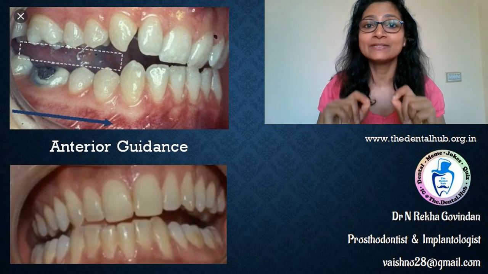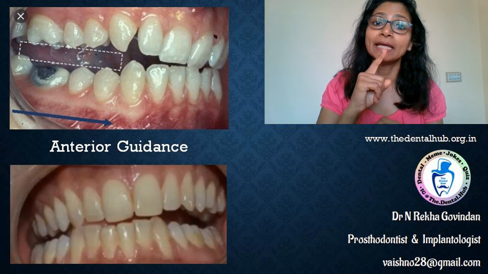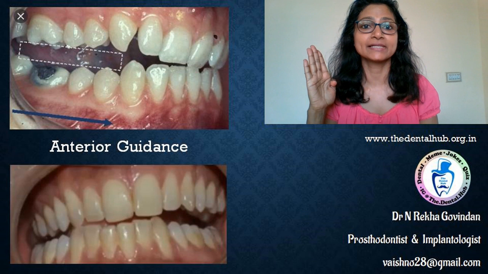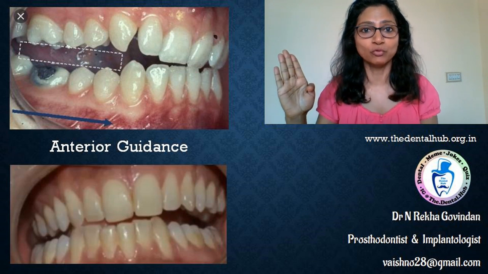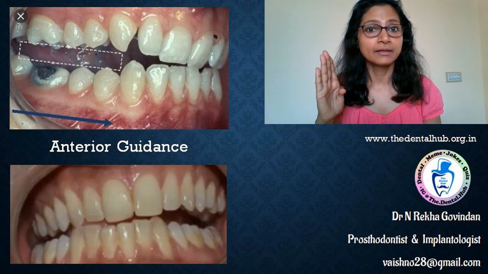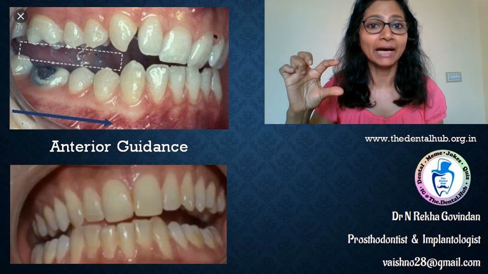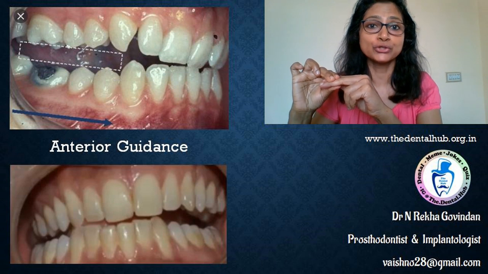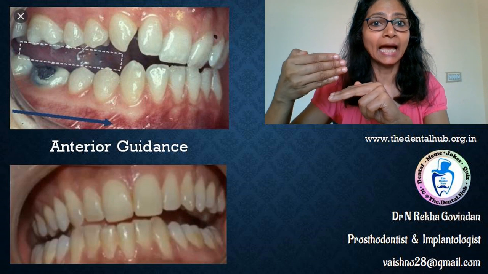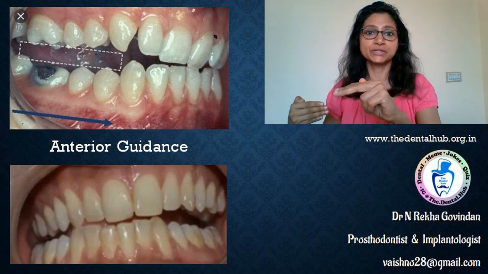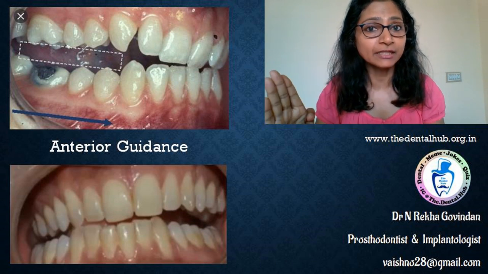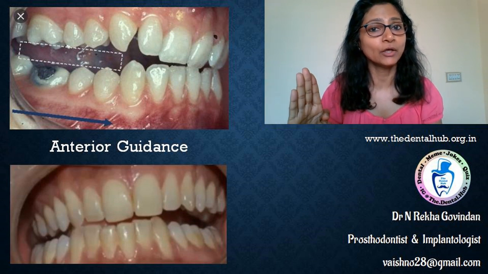The anterior guidance also helps in establishing canine guided relation when the mandible moves in lateral excursion, that is sideward movement. When the mandible moves, only the maxillary and mandibular canines maintain contact. There is disocclusion or no contact between the teeth anterior to the canine and between the teeth posterior to the canine. So when the mandible moves to the right side, only the right maxillary and mandibular canines maintain contact.